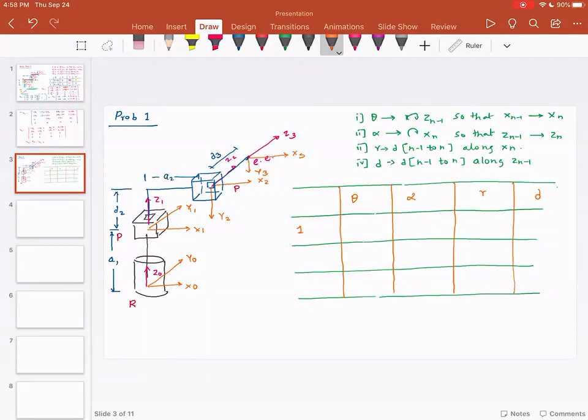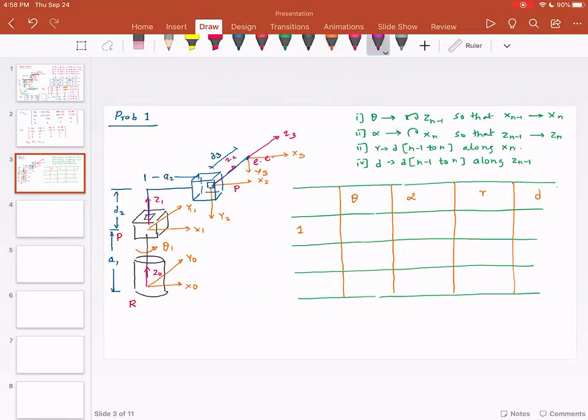So theta is, and again, let me add the joint variable here. This is theta 1. Theta is the angular orientation about Zn minus 1, which is Z0, so that Xn minus 1 is aligned with Xn. Xn minus 1 is X0, Xn is X1.